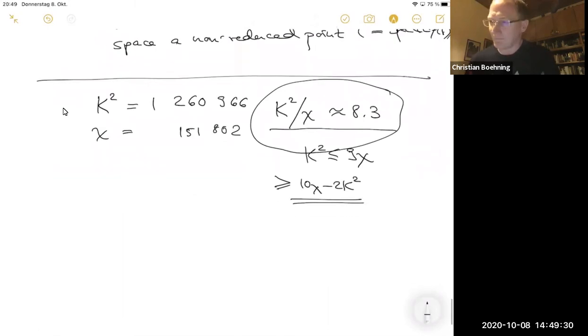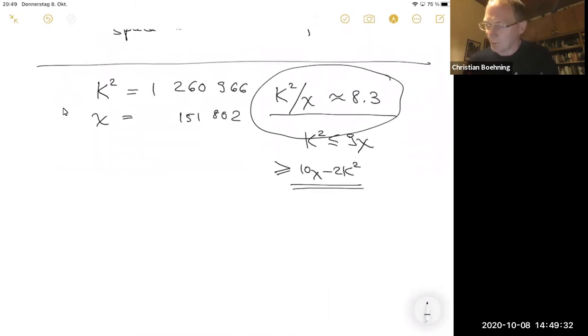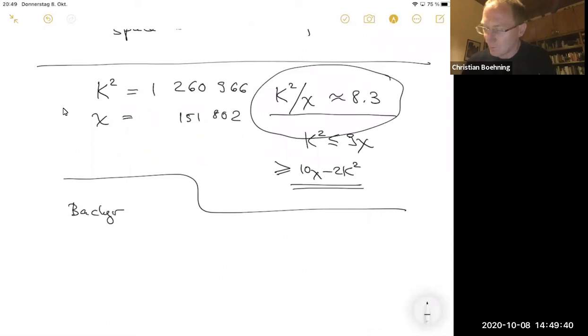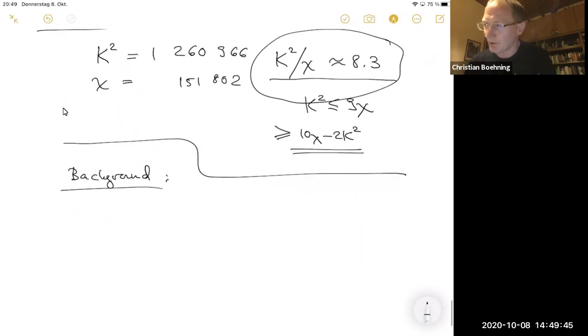And yeah, let me try to put this into perspective. So why is it interesting, and what was known before? Of course, we weren't the first ones to construct such surfaces.